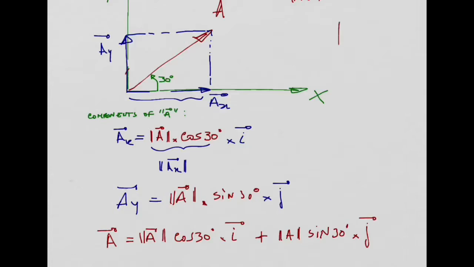Or if you want, I can use this space here. I can say that my vector A is going to be equal to the norm of A cosine of 30.